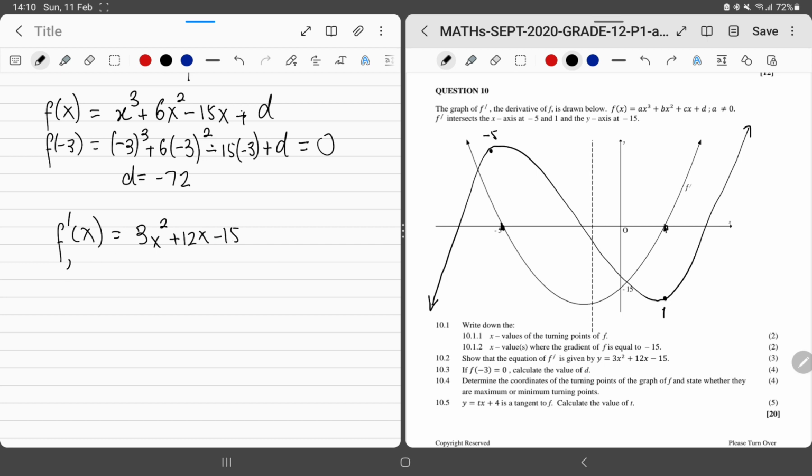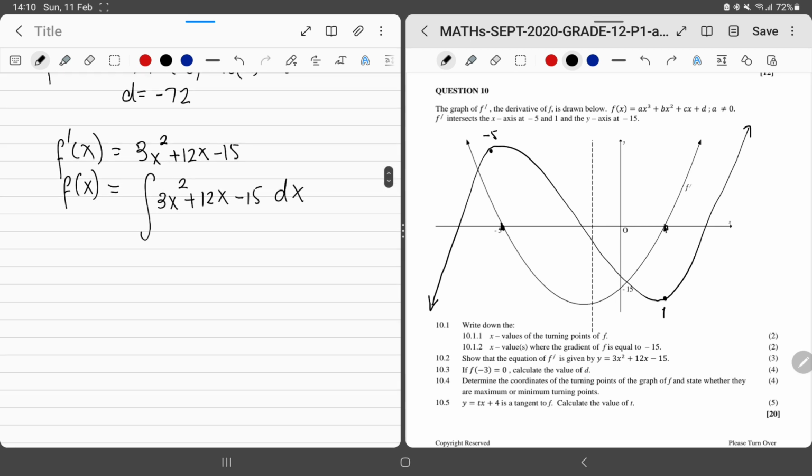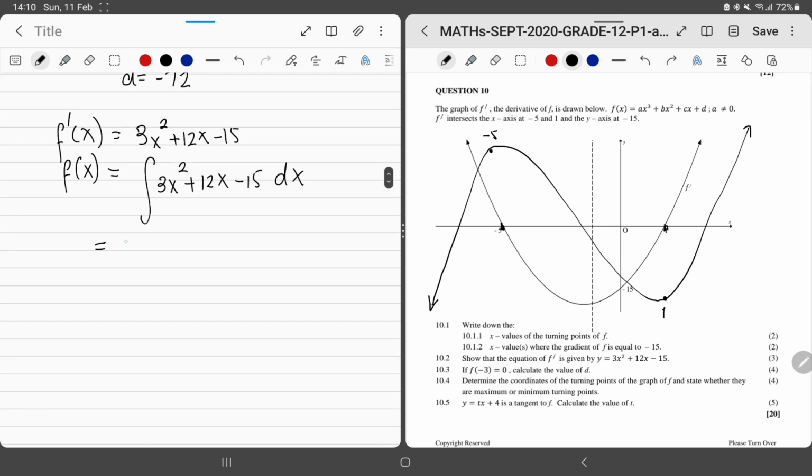In order to find f of x, I just need to find the integration of 3x squared plus 12x minus 15, and then this is going to be d x. So this is going to be 3 multiplied by x cubed over 3 plus 12 into x squared over 2 minus 15x plus the d.